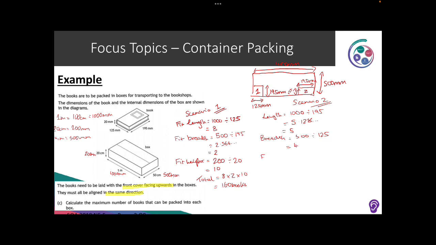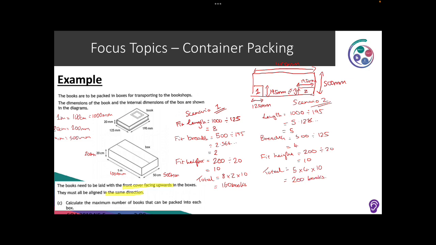And then my fit height ways, because the book has to be facing upwards, it's going to be exactly the same. It's still going to be the 200 divided by 20, which is giving me 10 books stacked on top of each other. So my total there, I've got 5 rows of 4 and then 10 layers of those. So 5 times 4 is 20, times by 10 is 200 books.